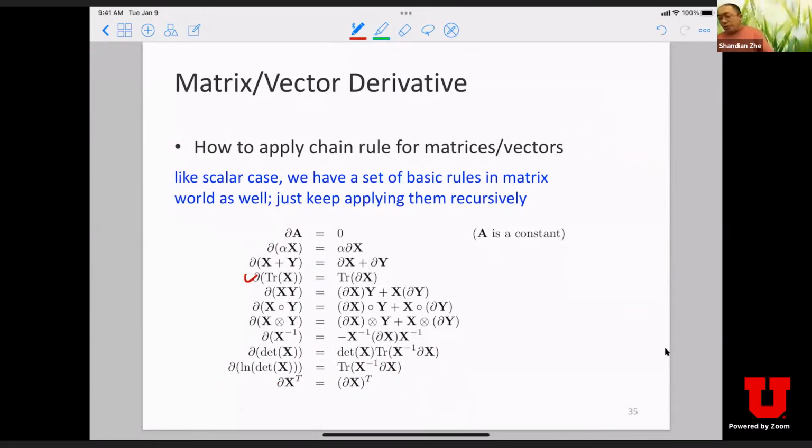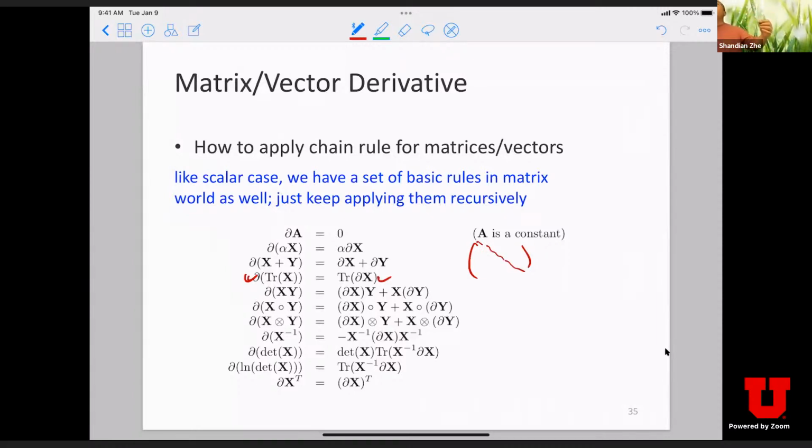Right? So if you want to compute the derivative of a trace of a matrix, it is equal to first computing the derivative of x and taking the trace. This is actually straightforward, right? You have a matrix, and you want to take the diagonal part and add them together.